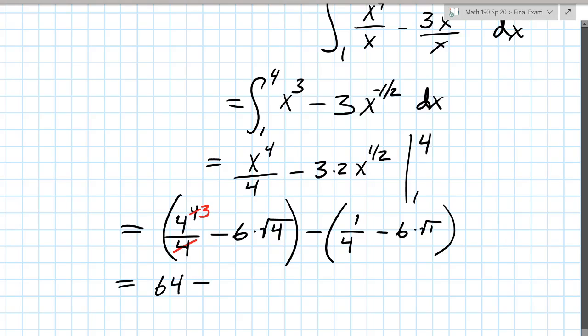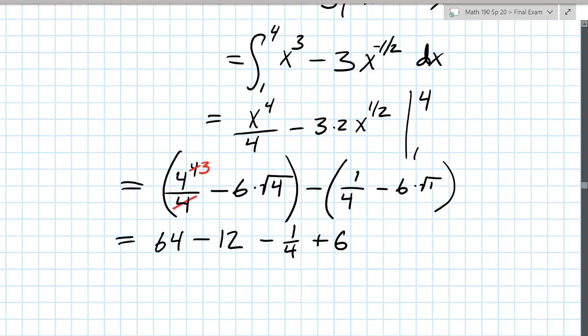You should check my numbers there. 6 times the square root of 4 is 12. Minus a quarter plus 6. And I don't feel like adding that up, but that is our solution. Whatever fraction that is will give us our solution.